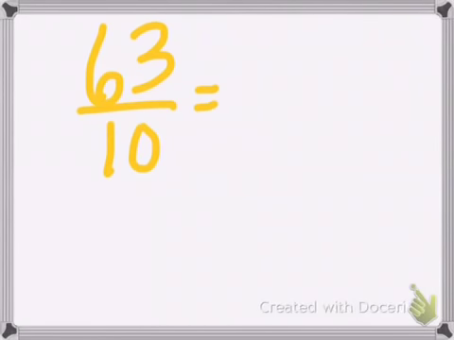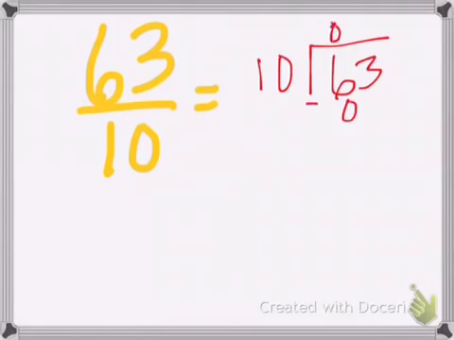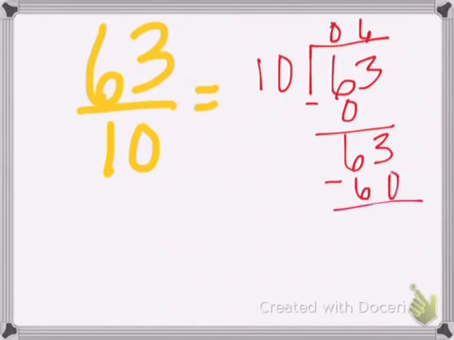The last problem is 63 divided by 10. Again, what goes inside the house? Numerator. So the 63 would go inside the house. 10 would go on the outside. Just do my regular long division algorithm we learned last week. That goes 6 times. That's 60. Subtract that. I have 3 left over.